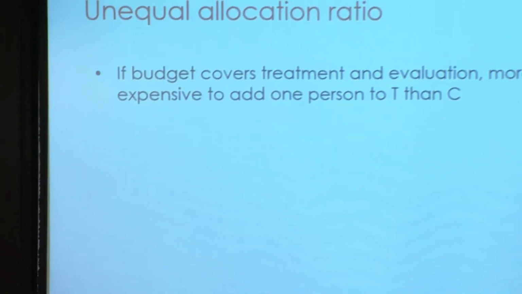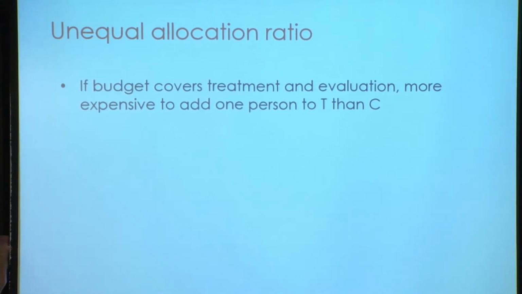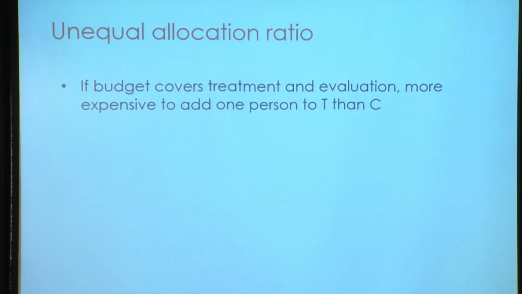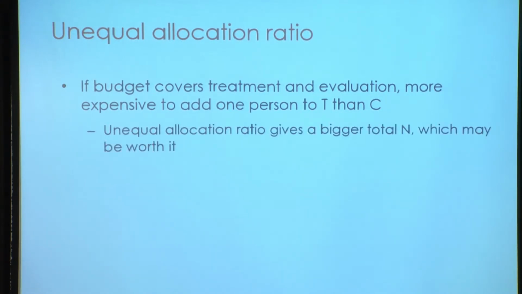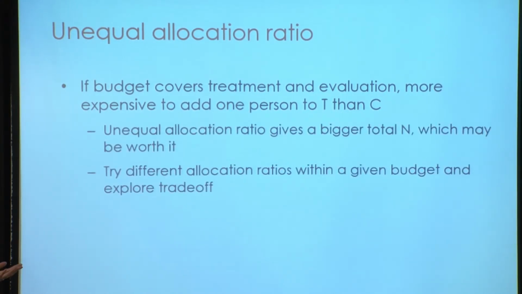So you could figure out a formula that would tell you the cost of adding it, and some of our affiliates have done that. But what I do is I just try different allocation ratios, and you'll see that initially it'll be fine. Adding a few more people, you don't lose much from being slightly unequal, and then you lose a lot when you're really unequal.